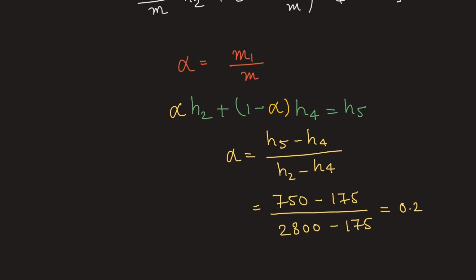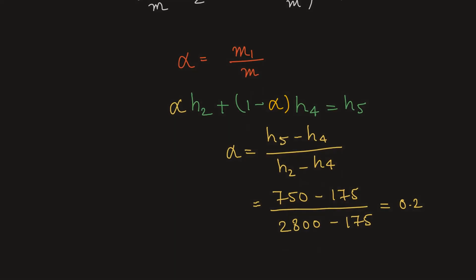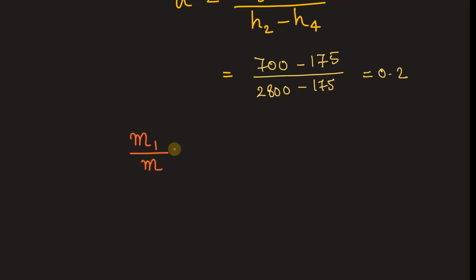That means we have got the ratio M1 by M, that is alpha, equal to 0.2. Now we need to calculate this value in percentage. So in percentage, this value will be M1 by M into 100, which comes out to be 0.2 into 100, that is 20%.